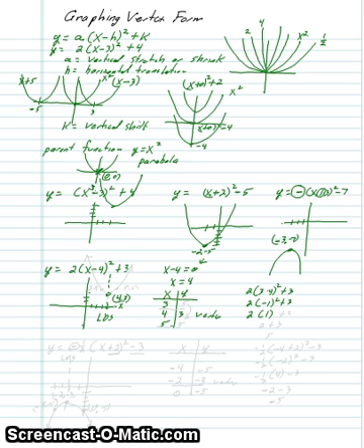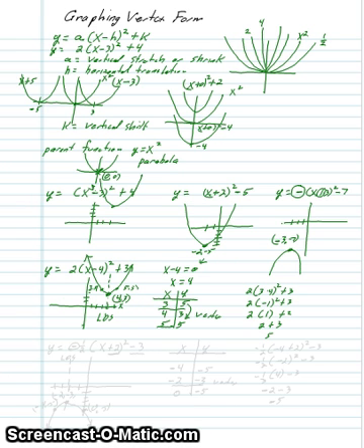Negative 1 squared is positive 1. 2 times 1 is 2. So when x is 3, y is 5. Because these 2 points are equal distance from the vertex, we don't have to calculate this second point. It's at the same level as the 3. So there's that point, 3, 5. And 5, 5. And it opens like that.